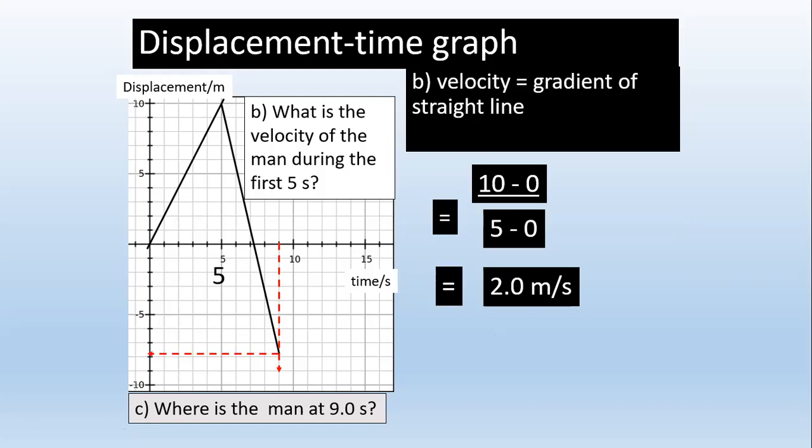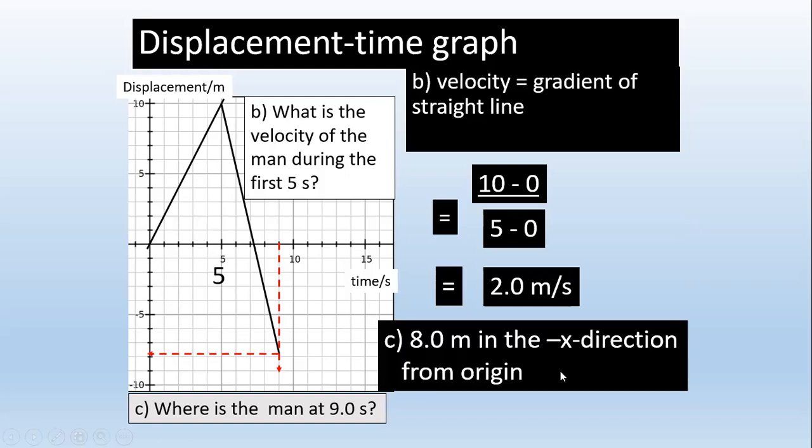Where is the man at 9 seconds? You just read off the graph. At 9 seconds, read on the graph there. It's about 8 meters in the negative x direction from the origin.